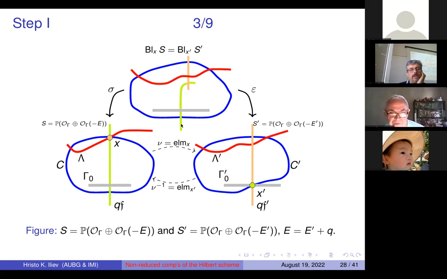So I have the proper transformation of the green fiber plus the exceptional divisor that comes from blowing up the point X. So I get this blow-up, and then I contract the strict transformation of the fiber QF to a point. I get, in fact, nothing but the surface S prime.